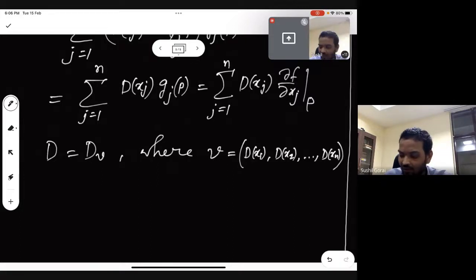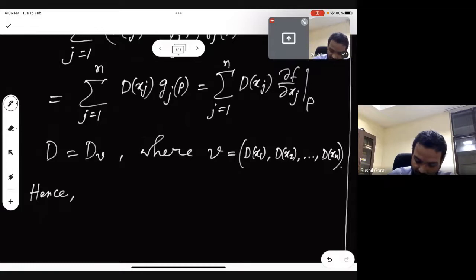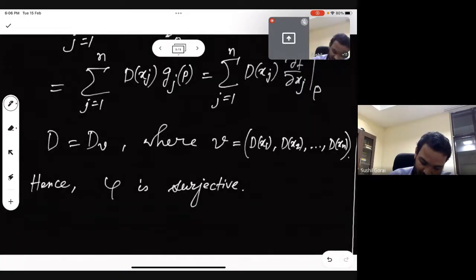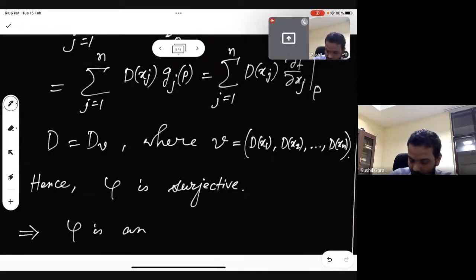This is the vector. Hence phi is surjective, and all this implies phi is an isomorphism.